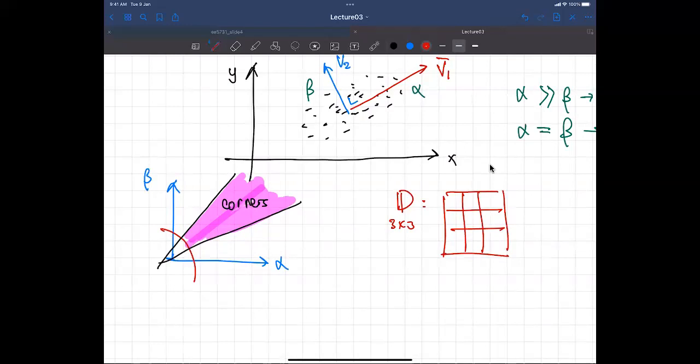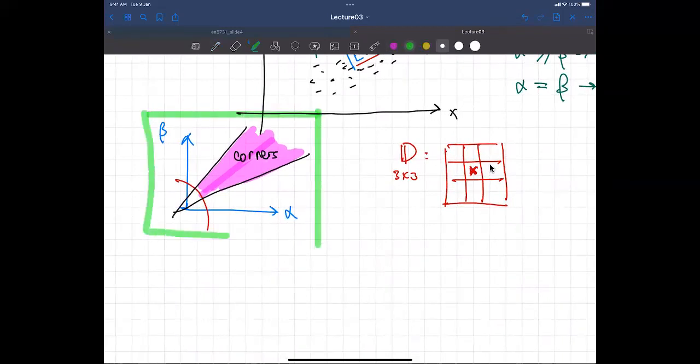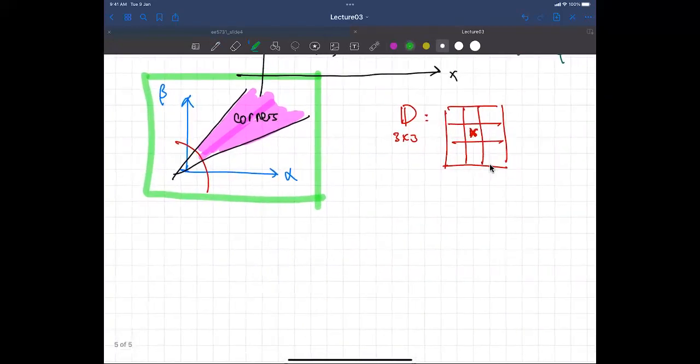In any case, our input is D, the DoG, where the middle here is the keypoint. Now, we need to know the value of alpha and beta. But if you do PCA or any eigenvector computation, it will be too slow.